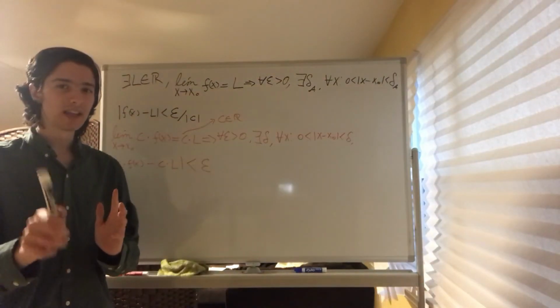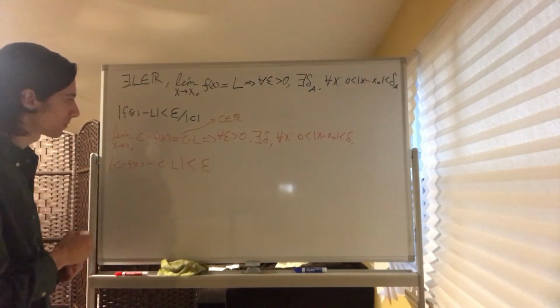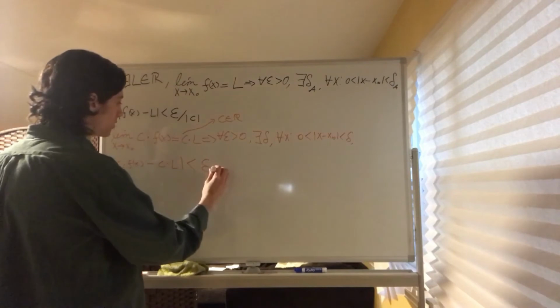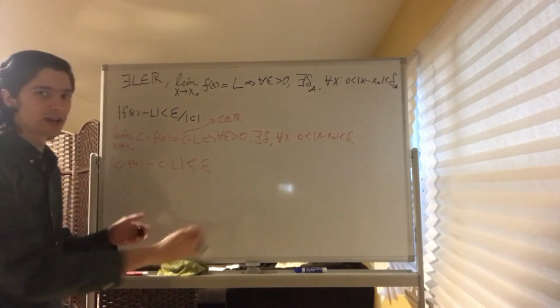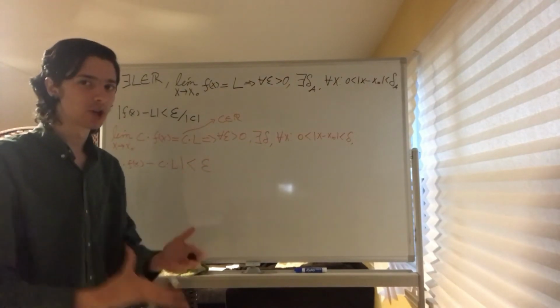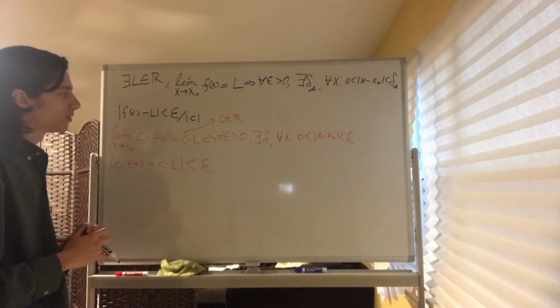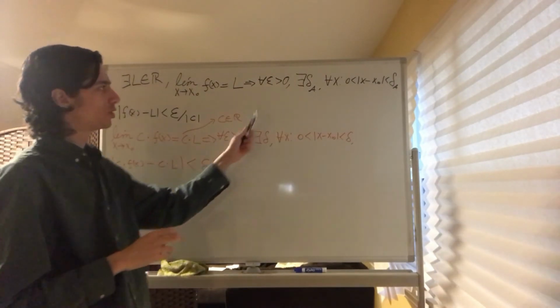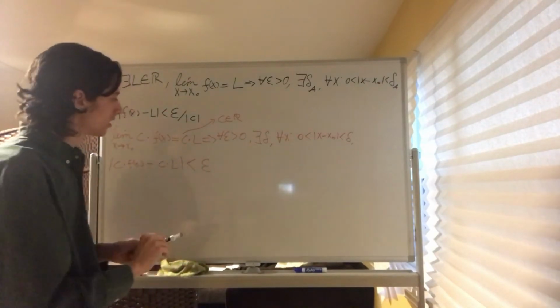So now, let's prove what I have written in red. Our epsilon is arbitrary, but our delta is something that we have to find. We have to show it always exists. So let's say this delta is equal to this delta up here. That would be convenient if that worked.